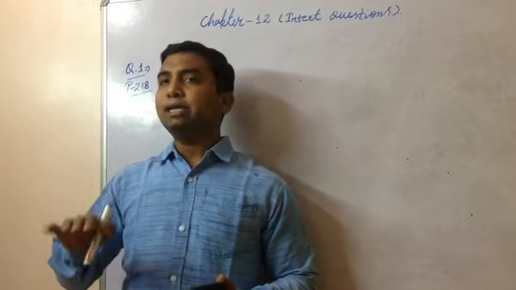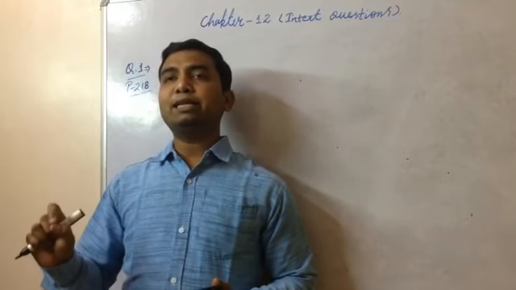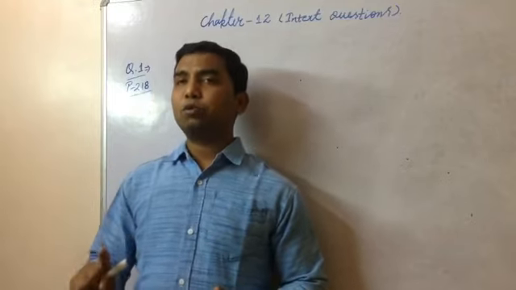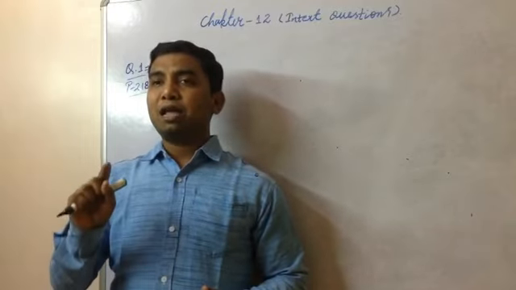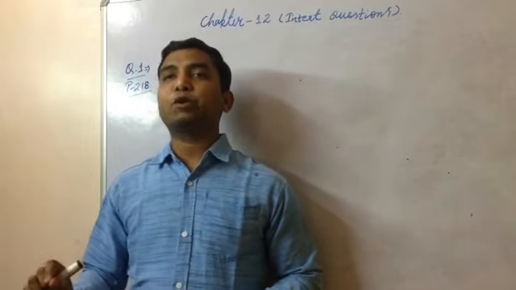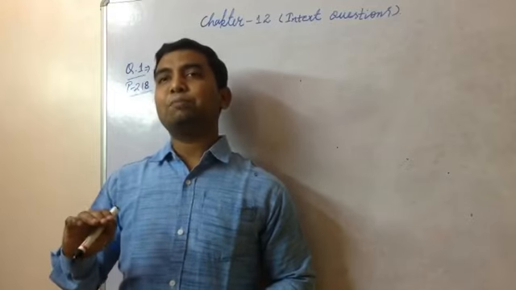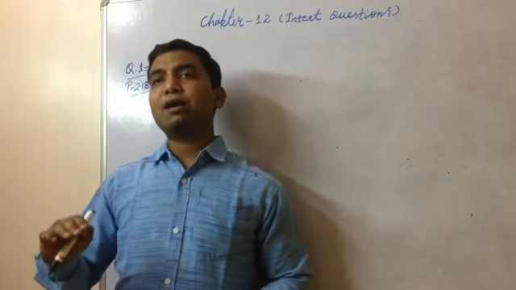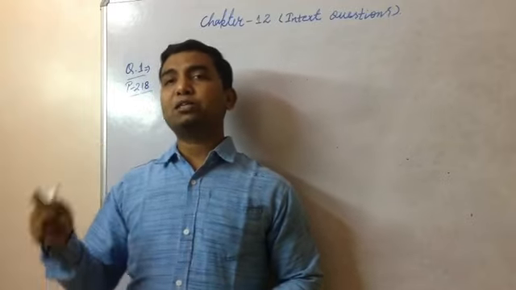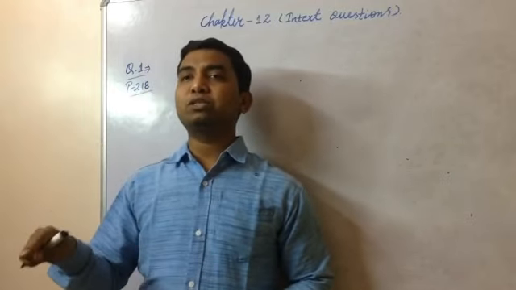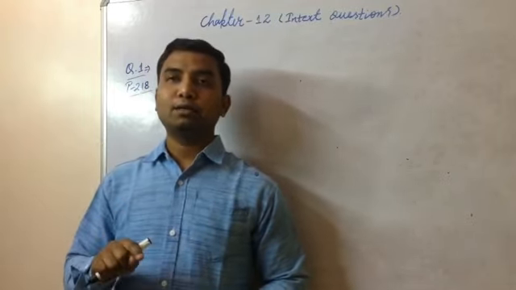That's why alloys are used in the heater. One more thing, alloys have a very high melting point. Alloys will not melt at low temperature and require a very high temperature. So this is the second reason for using alloys in the heater.